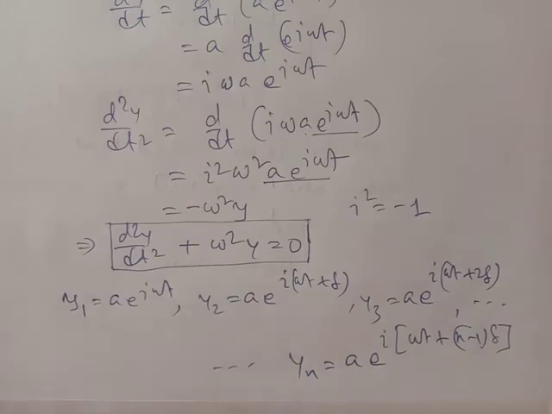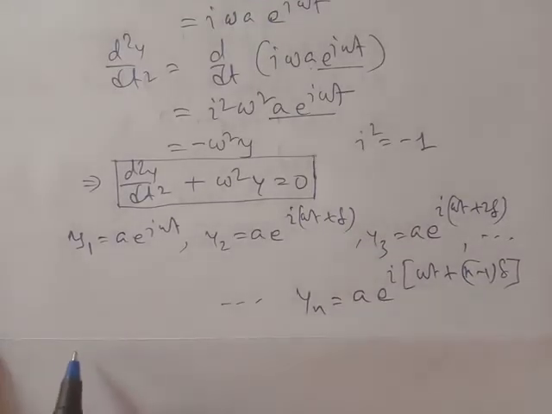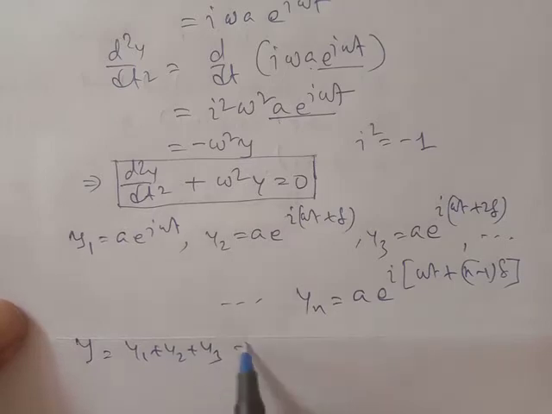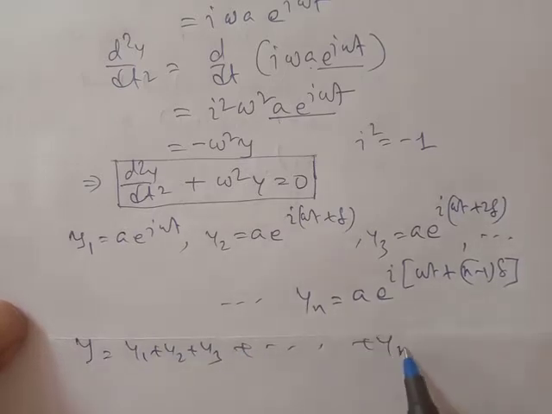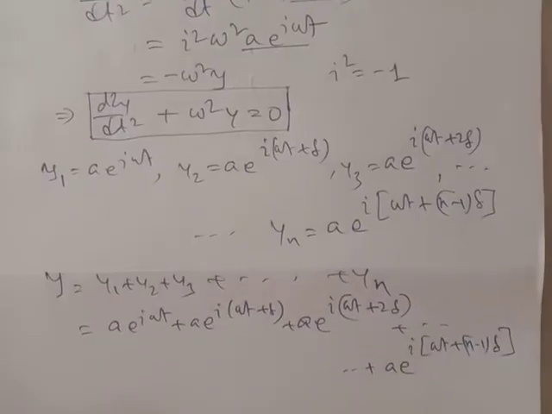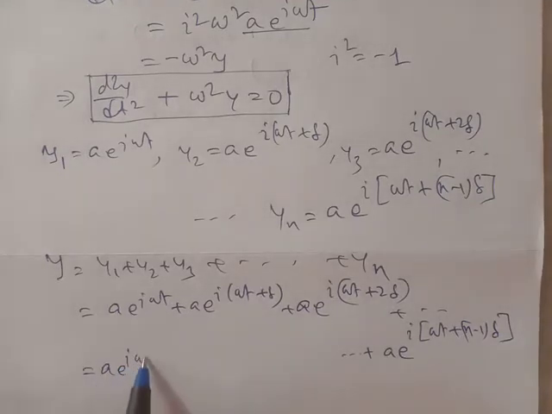Now according to the principle of superposition of waves, we can write the resultant displacement as y is equal to y1 plus y2 plus y3 plus yn. So I have written the values of y1, y2, y3 like this. Then consider common a e to the i omega t.